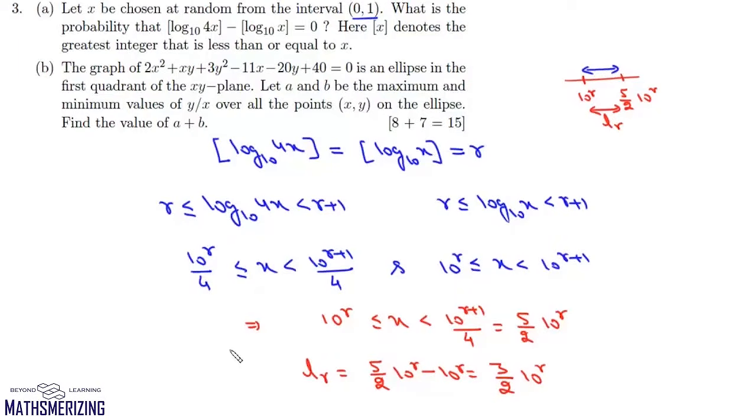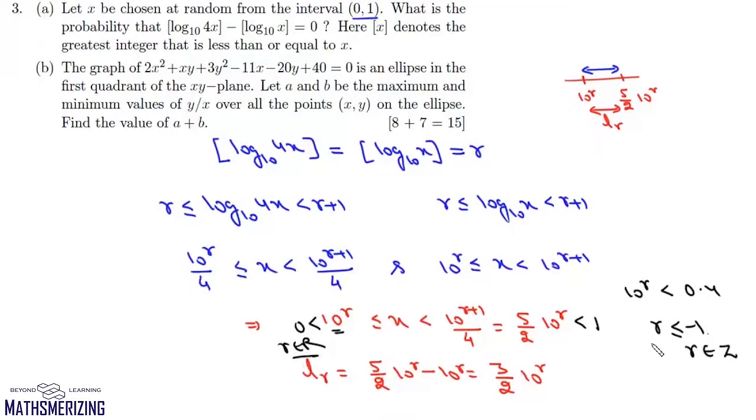So this x must lie between 0 and 1. Now 10 to the power r is greater than 0 for all r belonging to the reals, and then 5 by 2 10 to the power r will be less than 1 if 10 to the power r is less than 0.4, that is when the value of r is less than or equal to minus 1, where r is an integer.